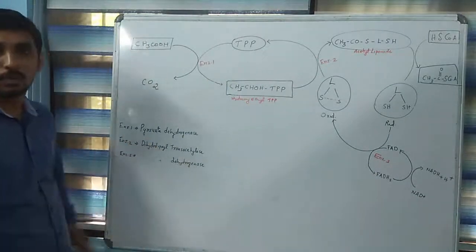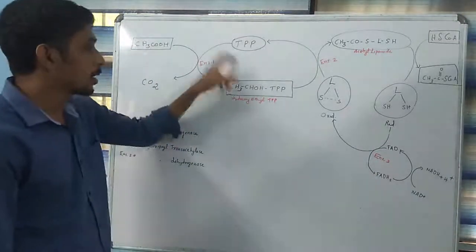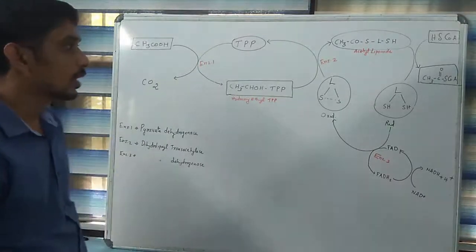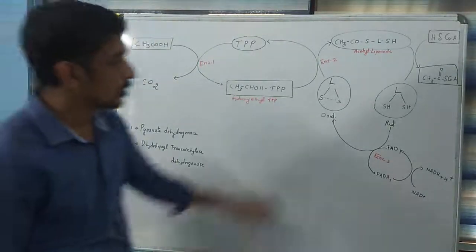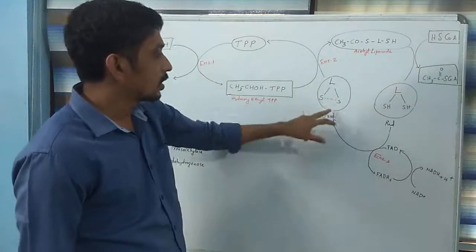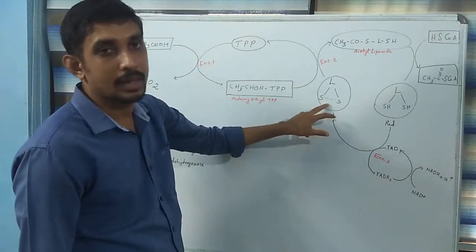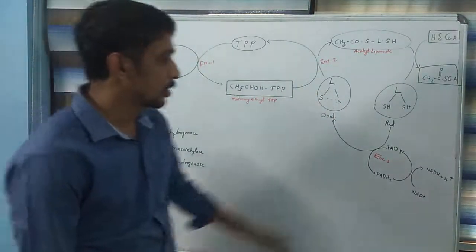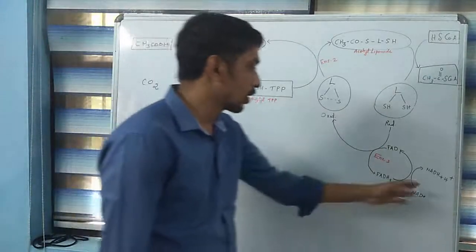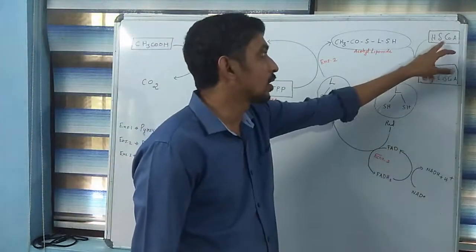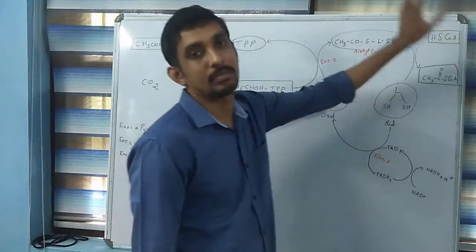And also 5 coenzymes: thiamine pyrophosphate, then lipoamide, third FAD, fourth NAD, and fifth coenzyme A.